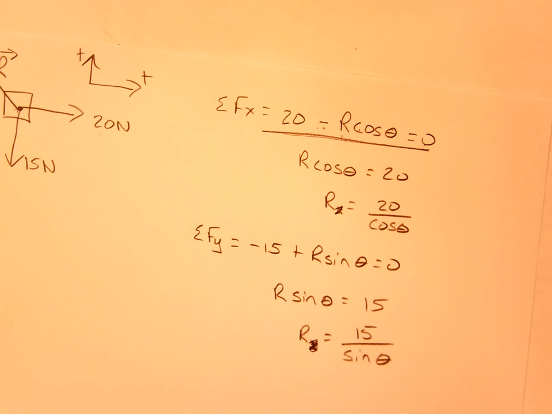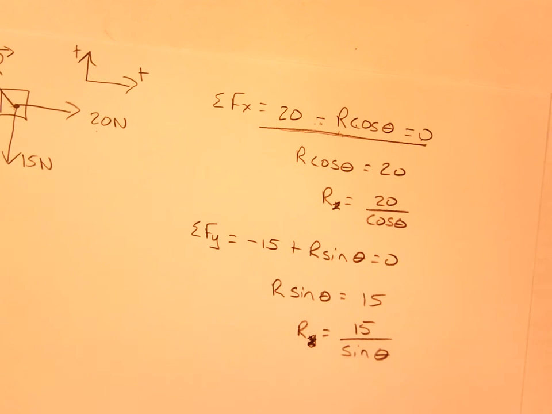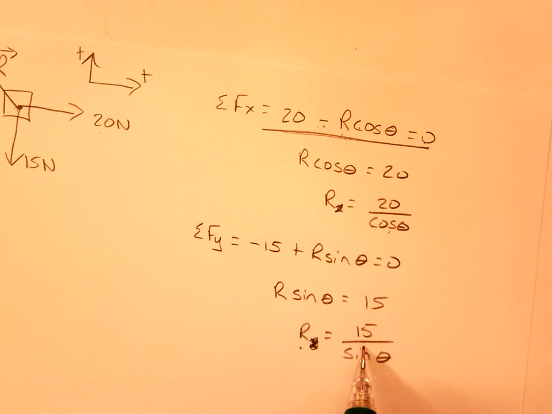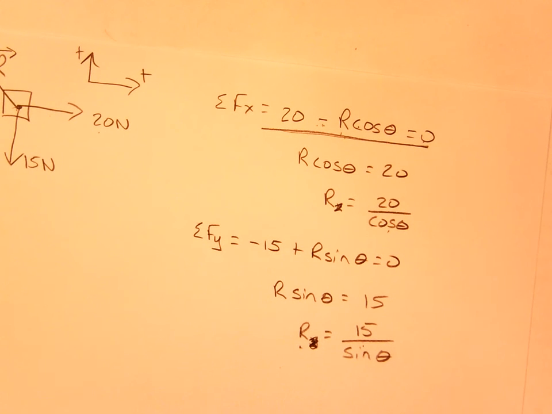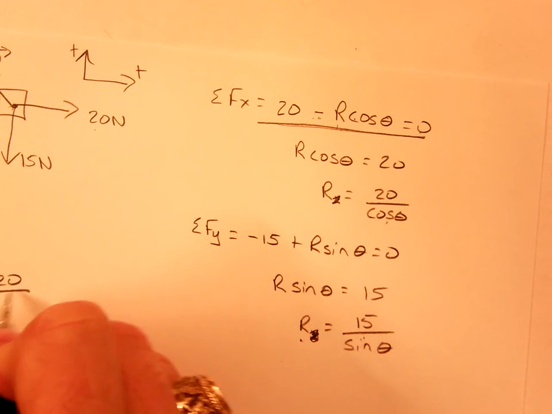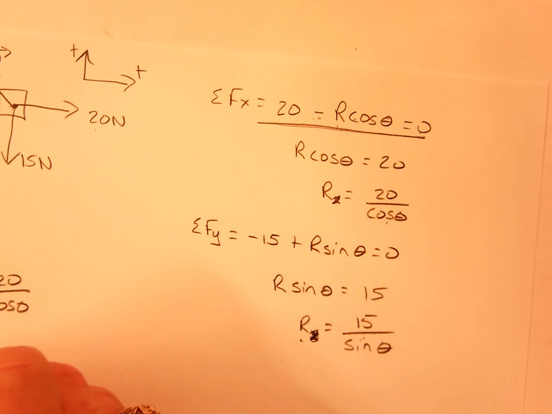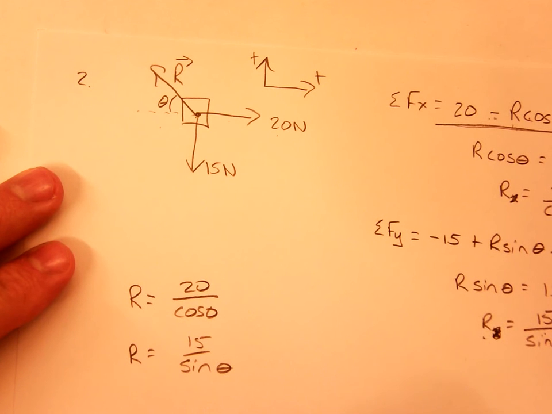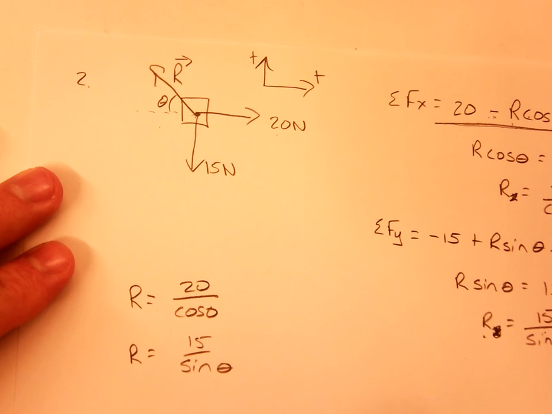So then the next question says, what is the magnitude of R? Well, if this is R and this is R, I should be able to combine those together. Okay, so R is equal to 20 over cos theta, and R is equal to 15 over sine theta. So that means 20 over cos theta is equal to 15 over sine theta.